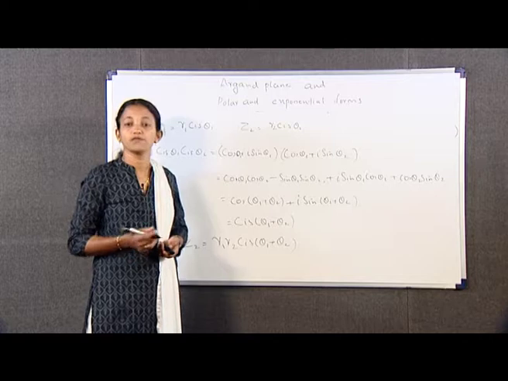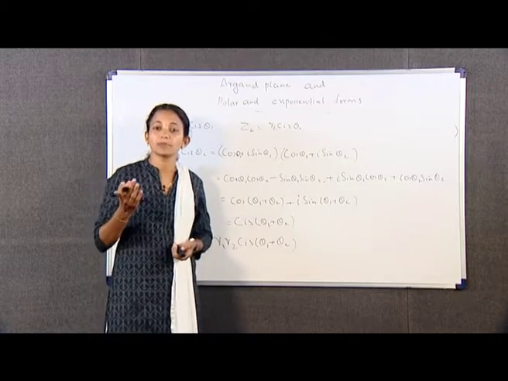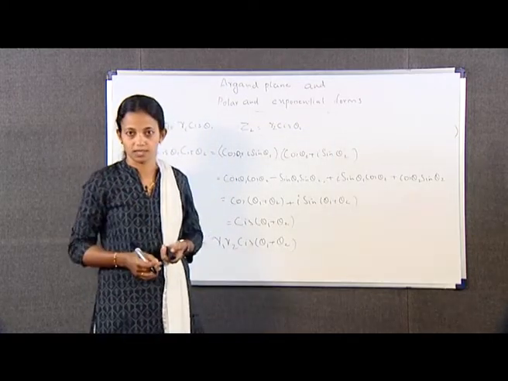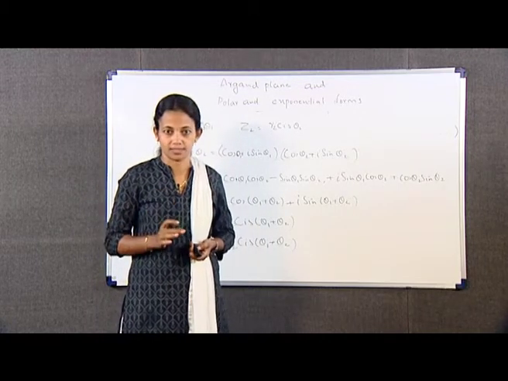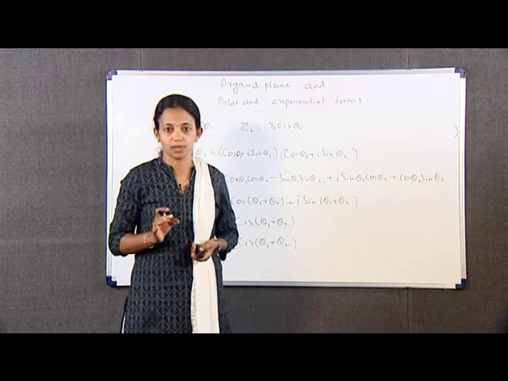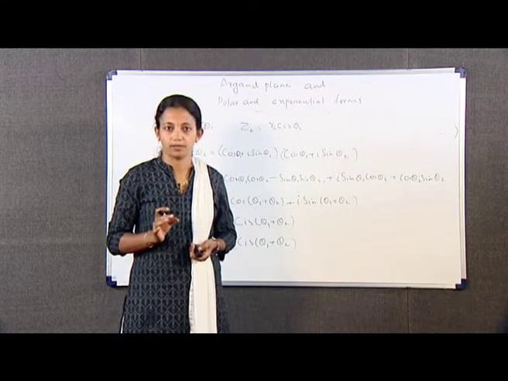From the above, it follows that if Z is the product of two complex numbers, mod Z is the product of their moduli and arg Z is the sum of their arguments, that is modulo 2 pi.